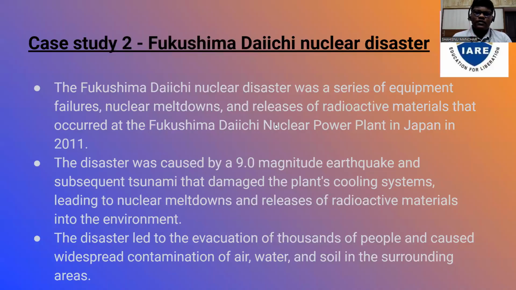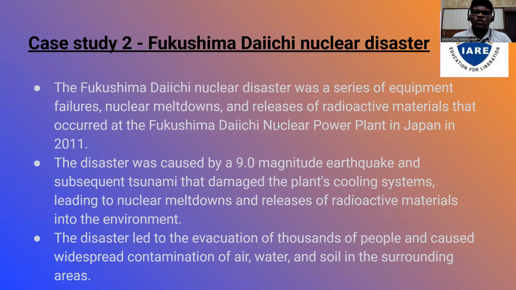Let's get on with the second nuclear disaster, case study 2: the Fukushima Daiichi nuclear disaster. The Fukushima Daiichi nuclear disaster was a series of equipment failures, nuclear meltdowns, and releases of radioactive materials that occurred at the Fukushima Daiichi nuclear power plant in Japan in 2011.